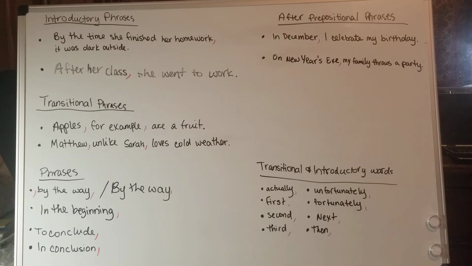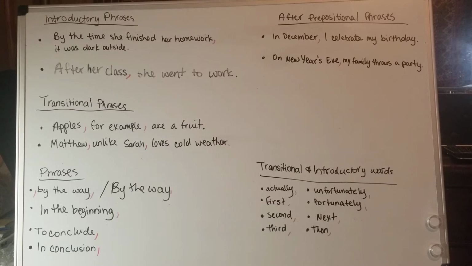So notice that the comma is after Sarah and not after unlike. So if I have another sentence like, apples, unlike carrots, are delicious, because I don't like carrots, but okay.